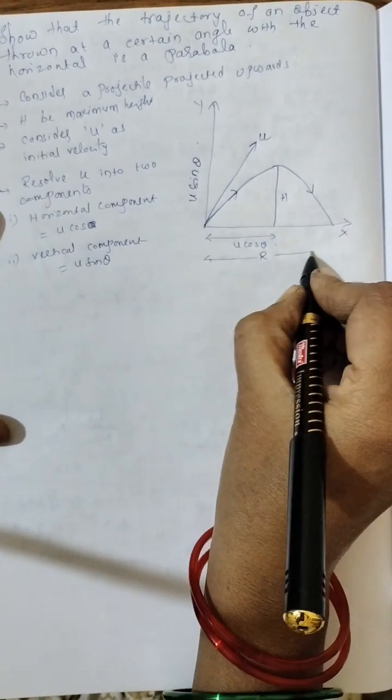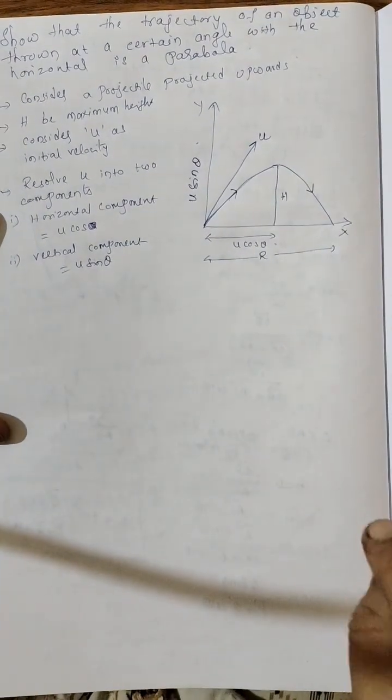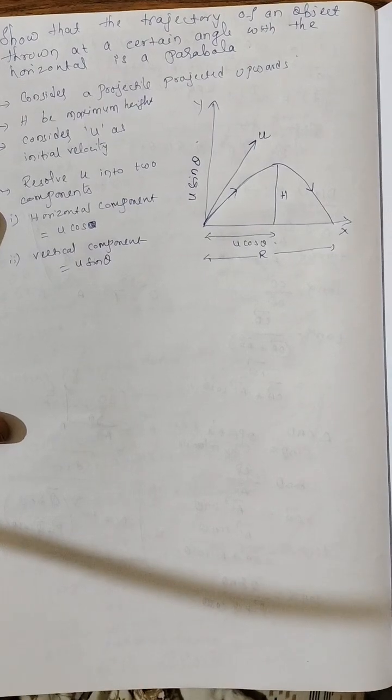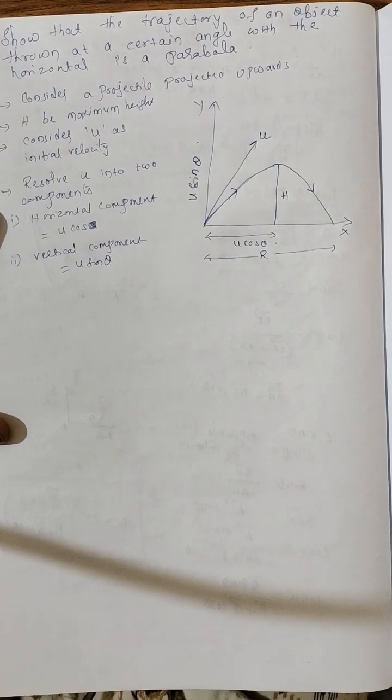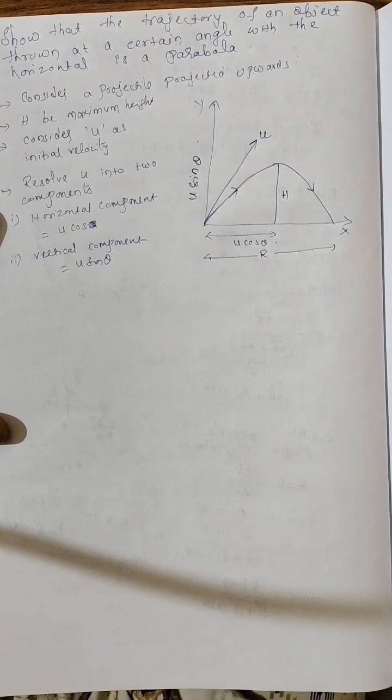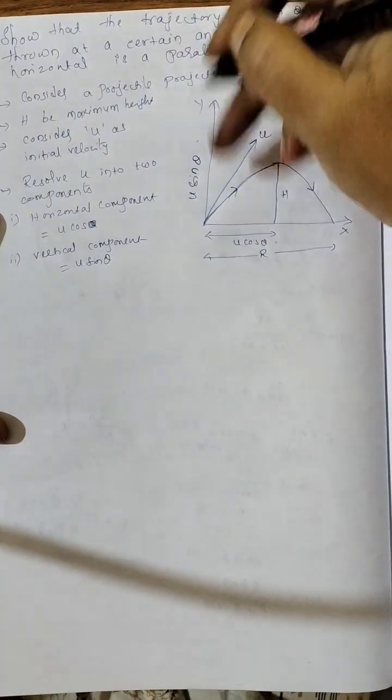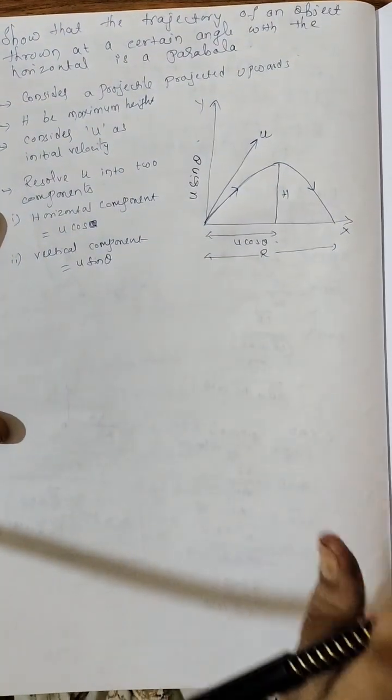And this complete distance, from the place where you threw the projectile until it goes to maximum height, returns, and falls on the ground, is the range. Let R be the range. Now let this distance be denoted by y and this distance by x itself.